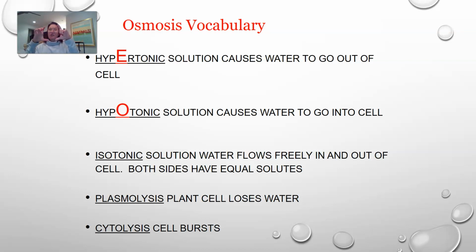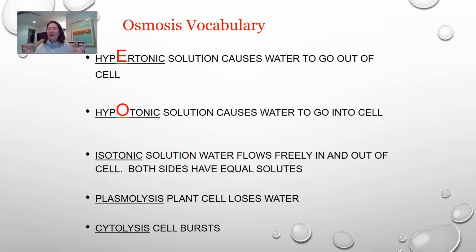So what happens is in the plant cell you have that cell wall, and then you have the cell membrane inside the cell wall. And when the water all comes out, that cell membrane is pulling away from that cell wall, and that's called plasmolysis. And then we have cytolysis, and this is when a cell will burst. So if it gets too much water, it will burst.